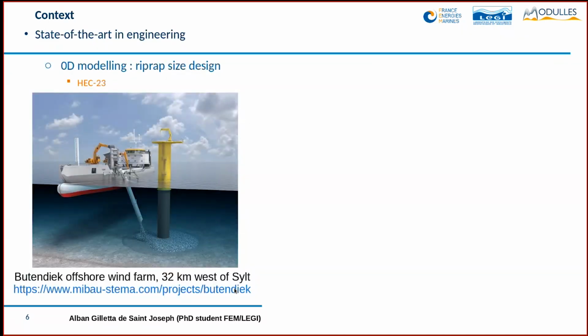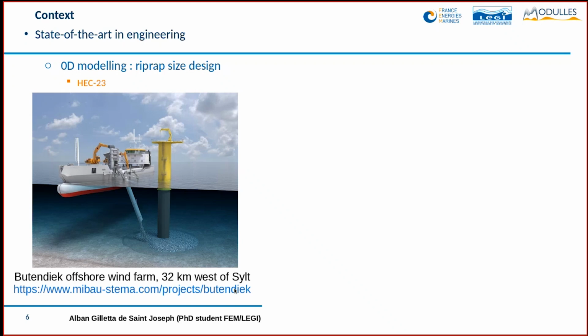A word about the state of the art in engineering. Currently, what we do to protect those foundations is to design some riprap according to empirical formulas. One of the most famous is the one from HEC-18.